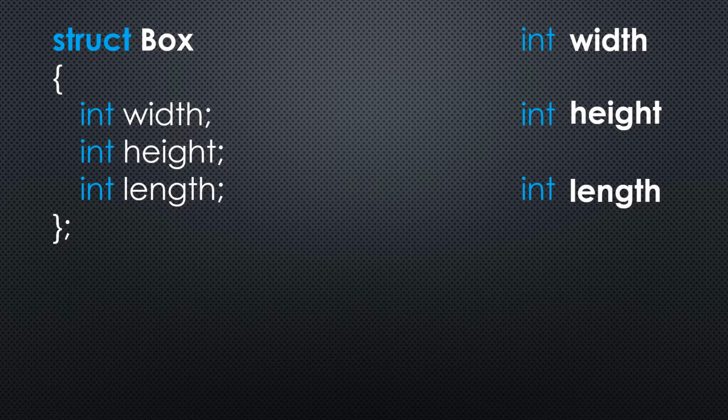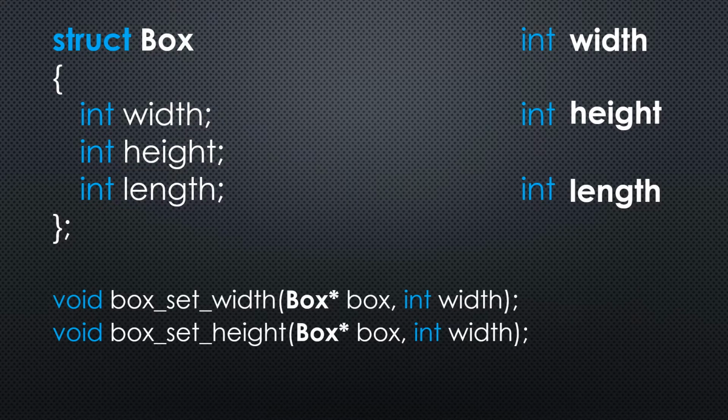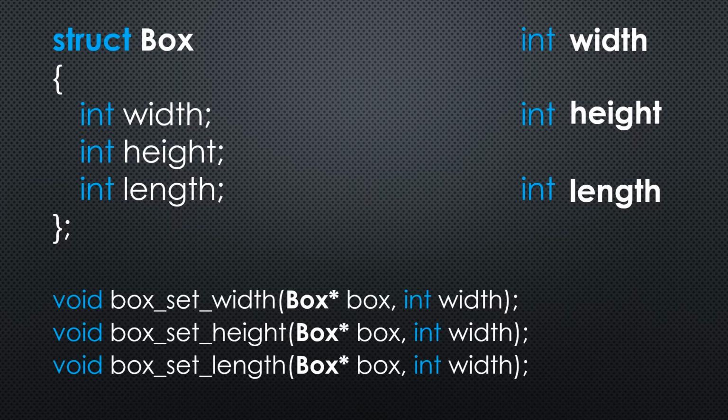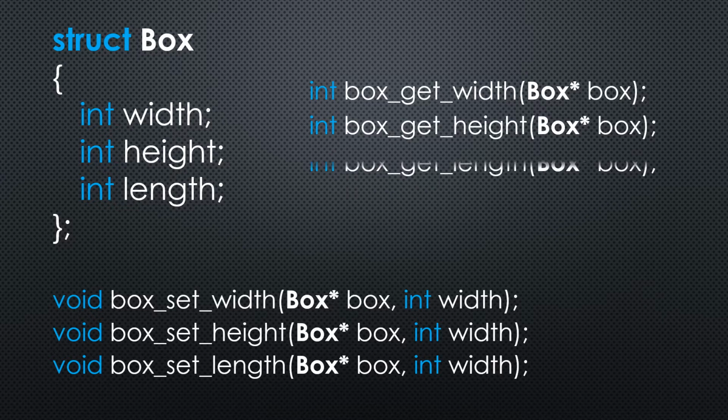So we will define the setters like box set width, box set height, and box set length. Similarly, we will define some getters so that we can get the values of these variables from the box entity. So let's define box get width, box get height, and box get length.